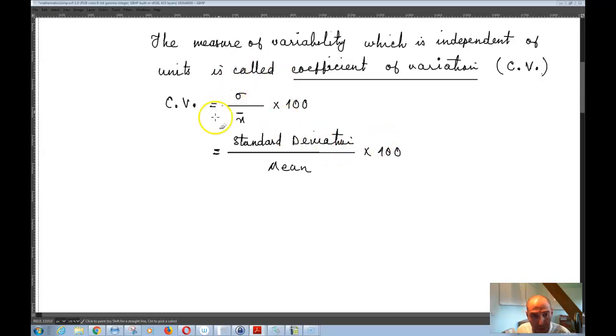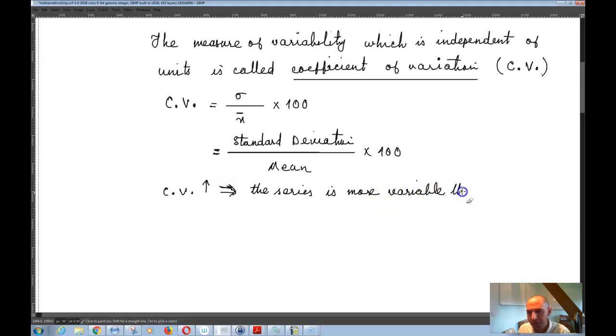So the larger this number is, the more variable the series is than the other.